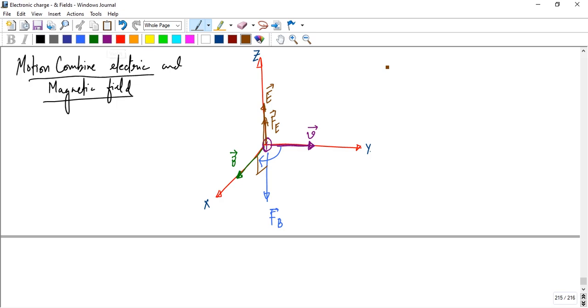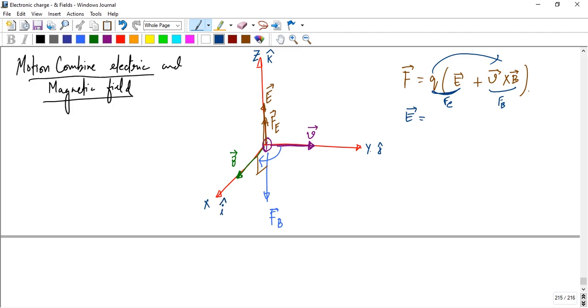So the combined force is Q E vector plus V cross B. Here F E is the electric force and Q times V cross B represents F B. The electric field E is along the z-axis. The unit vector of the z-axis is K cap, the y-axis is J cap, and the x-axis is I cap.